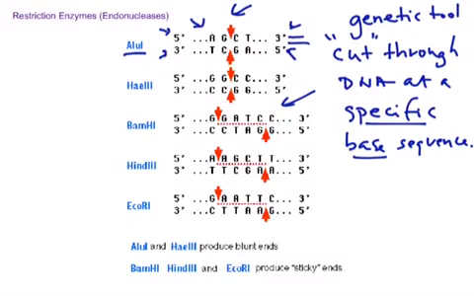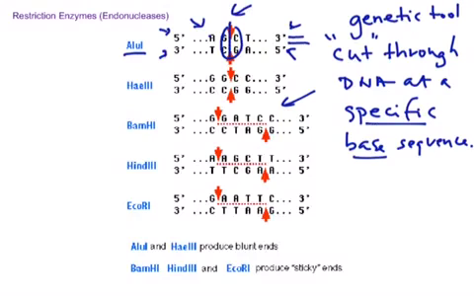So Alu1 only ever cuts between G and C, or CG on the other side, in a sequence AGCT. So it will only ever cut straight through at that point. And it creates a blunt end.